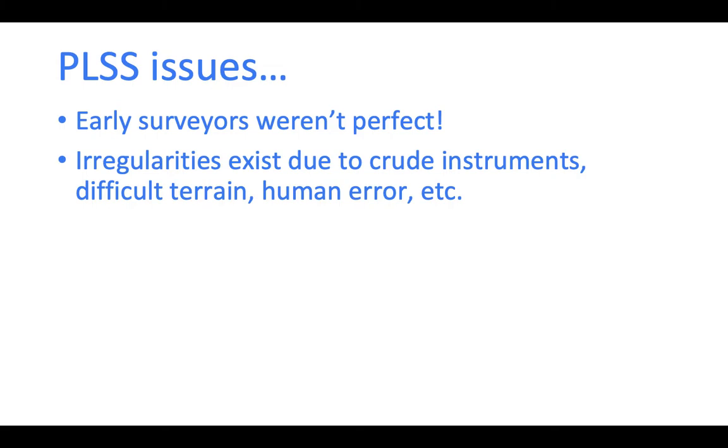Okay? Now, as you're working with this, it's good to note that these early surveyors were not perfect robots going out into the world and putting these perfect squares onto the land. We have all sorts of irregularities, and you're going to see that working with different topographic maps of California alone.